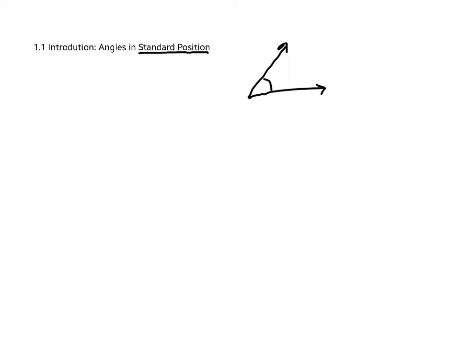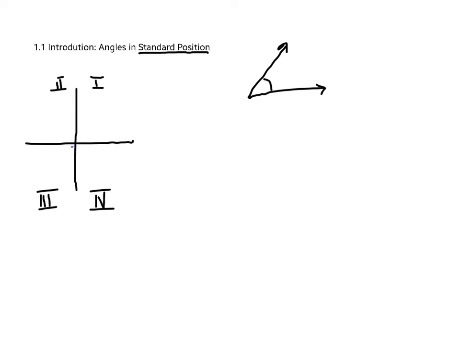To put our angles in standard position, we need to know a couple of things. One, we're going to start drawing our angles on the coordinate plane. And just as reminders, in the coordinate plane, this is quadrant 1, this is quadrant 2, this is quadrant 3 over here, and then lastly is quadrant 4. And what we're going to do is put our angle onto the coordinate plane.